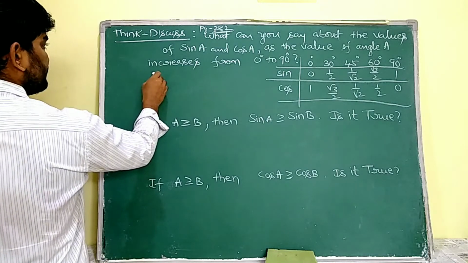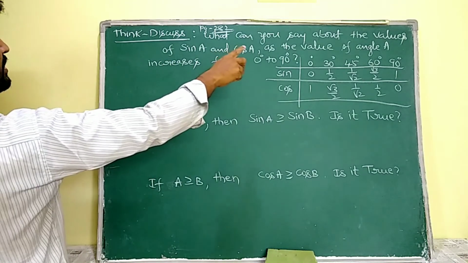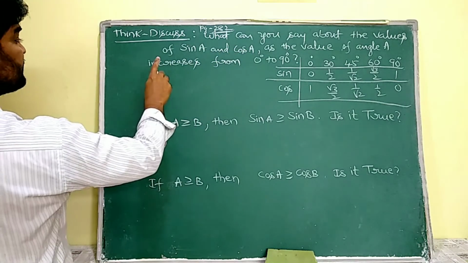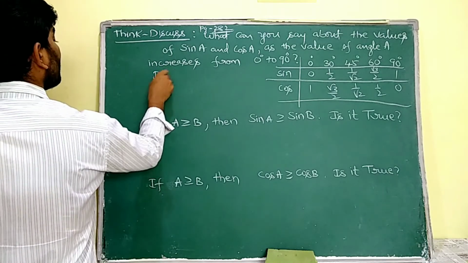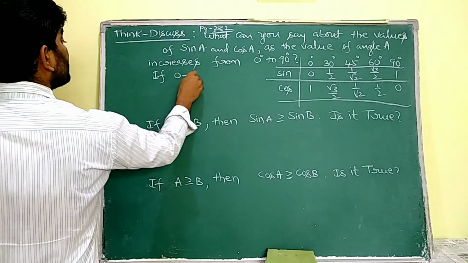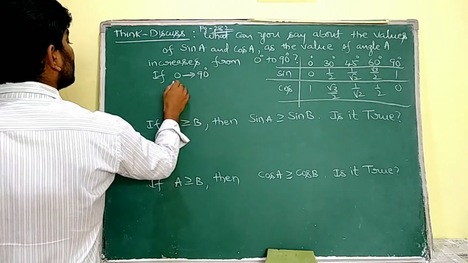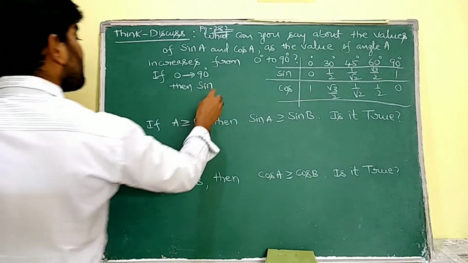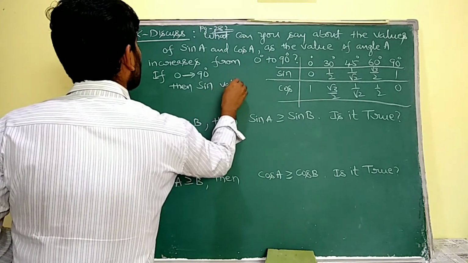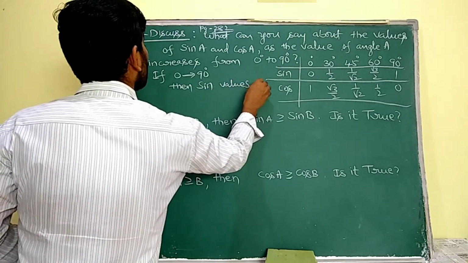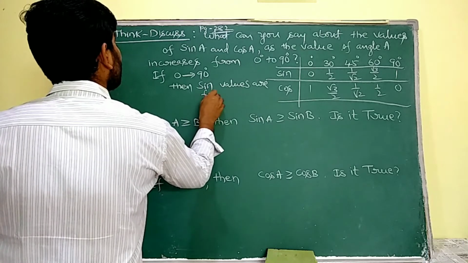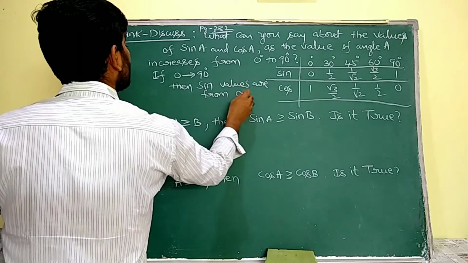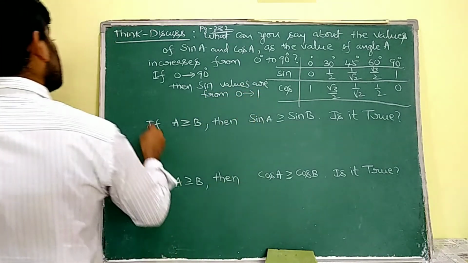We observe that if the angle goes from 0 to 90 degree, then sin values are from 0 to 1.